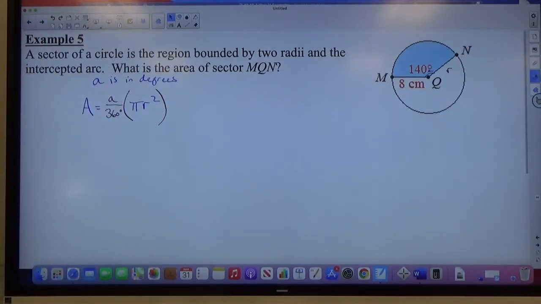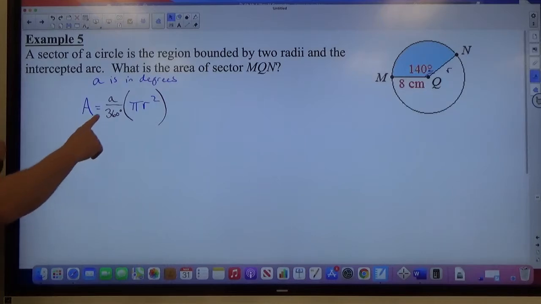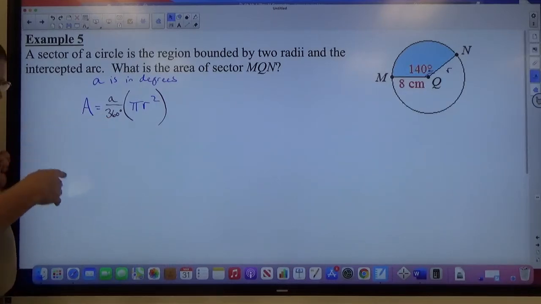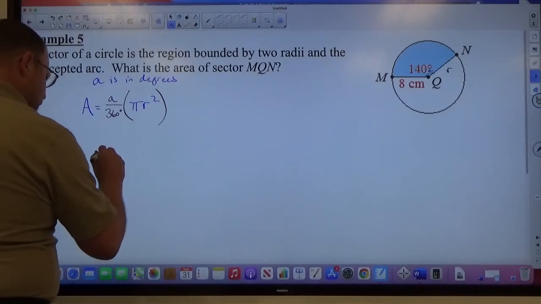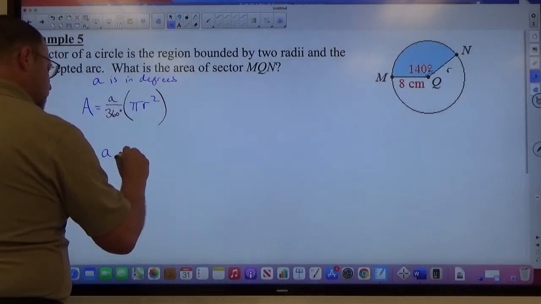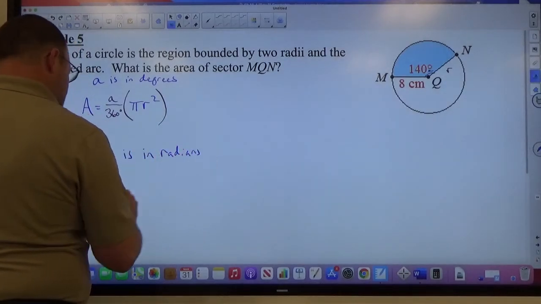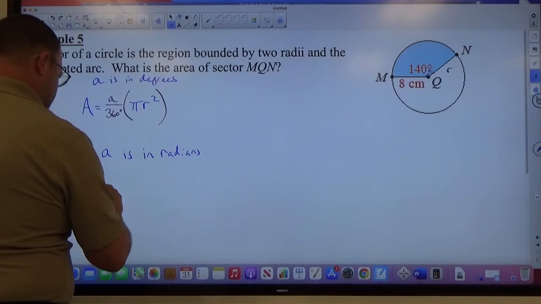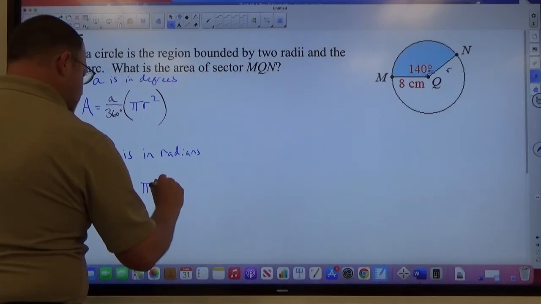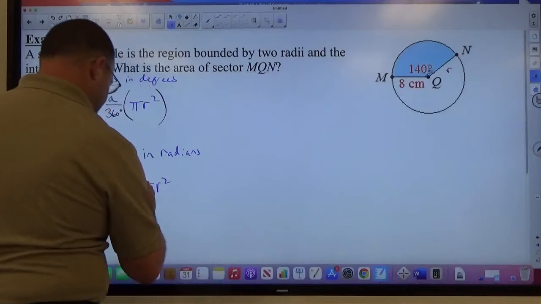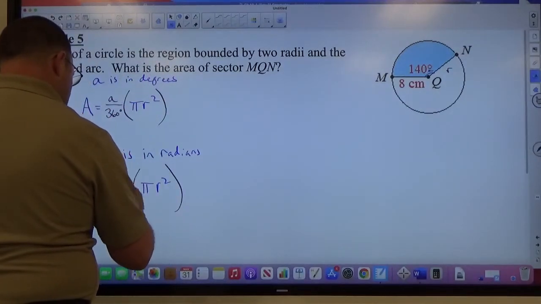On Monday, we also dealt with the idea of radians instead of degrees. We found out there's pi radians in 180 degrees. So if we double that, 2 pi radians is 360 degrees. So 360 degrees and 2 pi radians mean the same thing. So if A happens to be in radians, the area is again pi r squared multiplied by A over 2 pi.